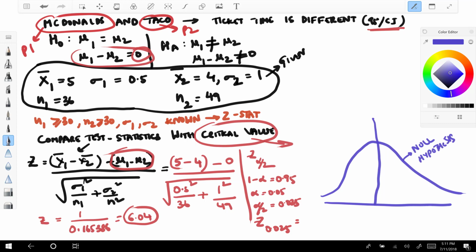So this would be 0, as we know mu1 minus mu2, or a sampling distribution of the samples. We are saying 95% confidence interval. So if we have this, and this area is 95%, suppose 0.95.